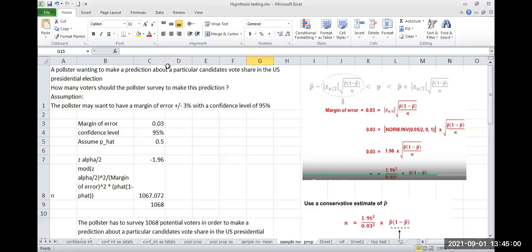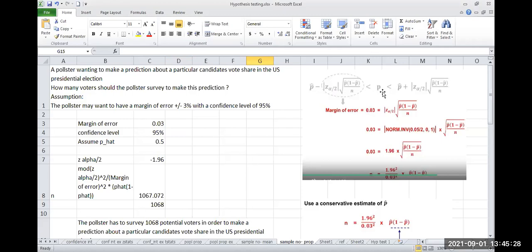Okay. So for this one, this is with respect to the population proportion. The example which we are seeing in sample size calculation is a company predicting how much should be the votes shared for each of the candidates. So how many voters they need to survey. So it's a proportion that we need to identify.